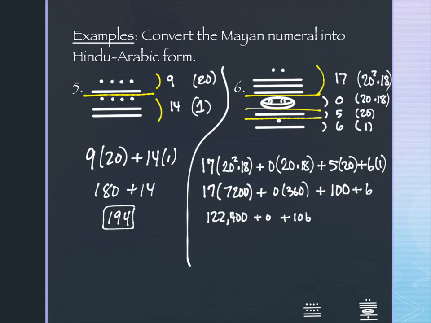So I need 122,400 plus 106. What do I get? Fabulous. 122,506. Any questions on that?